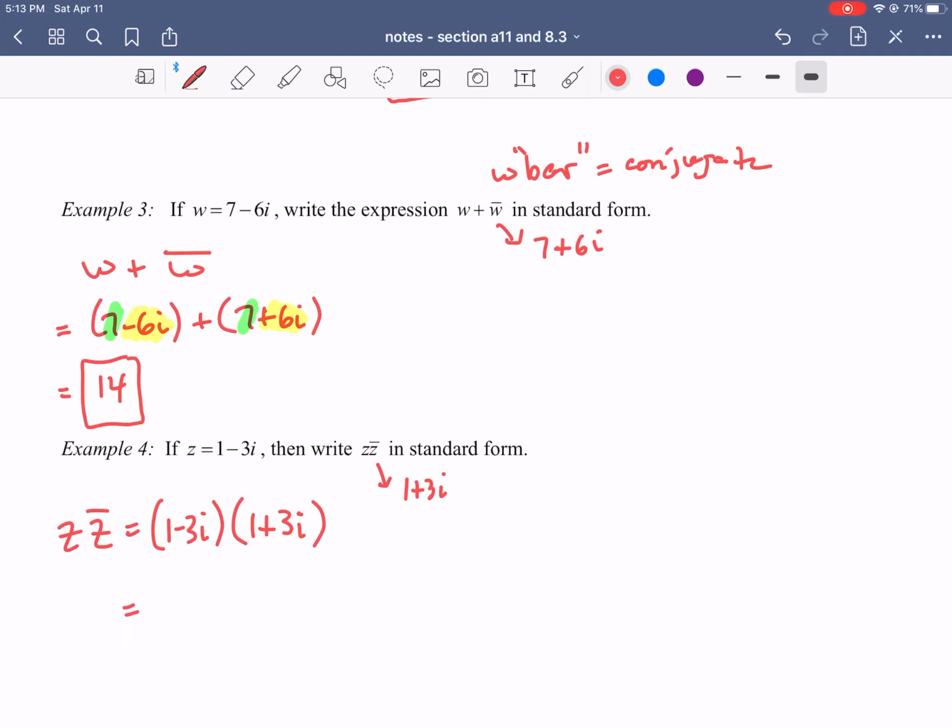And since I am multiplying two complex conjugates together, I know the result is going to be a non-negative real number, a squared plus b squared. So if I take 1 times 1, that's going to be 1, and then negative 3i times 3i is going to end up giving me plus 9, and so this is just going to equal 10.